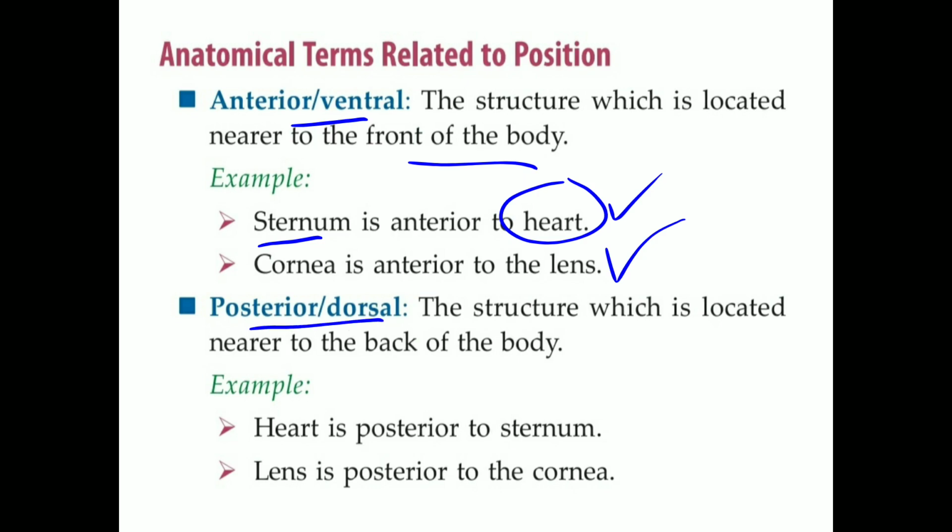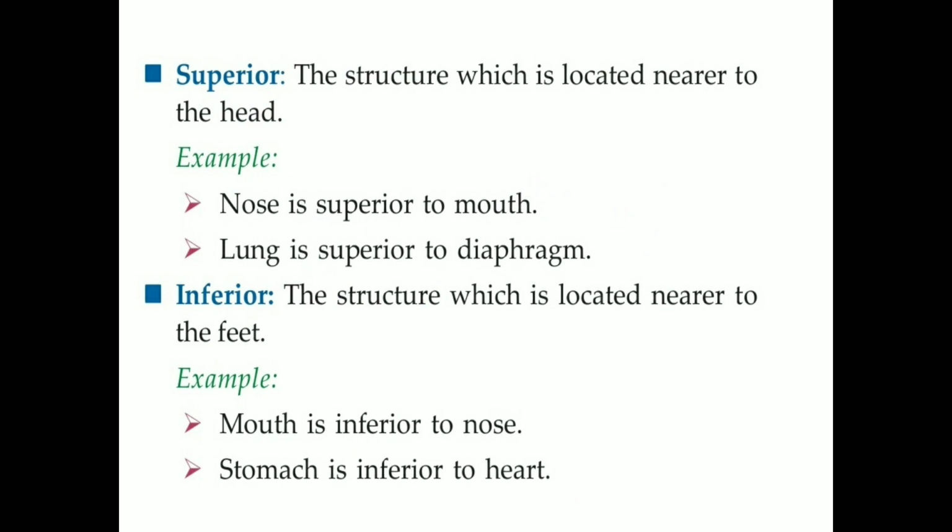And another term is posterior. The structure which is located nearer to the back of the body is posterior. The heart is posterior to sternum, and a lens is posterior to cornea are its examples. And superior, the structure is located nearer to the head, nearer to the top of the body.